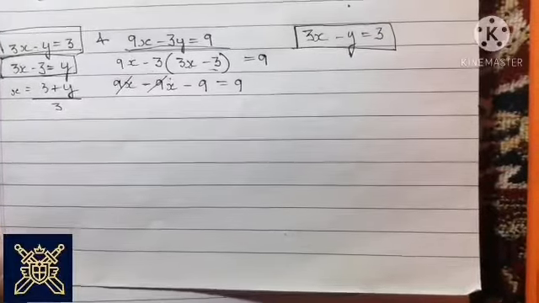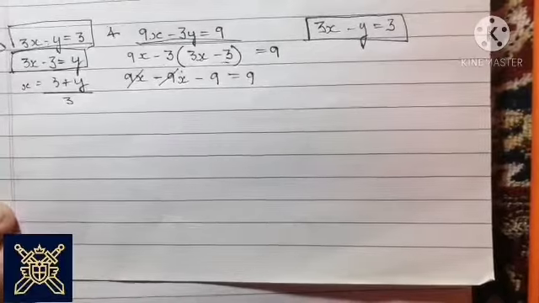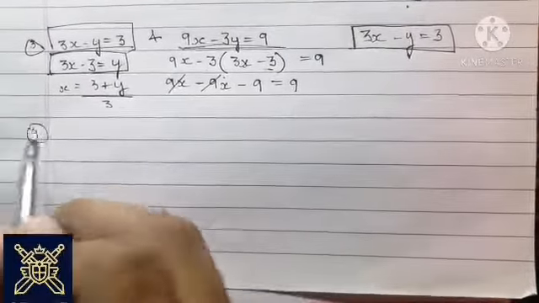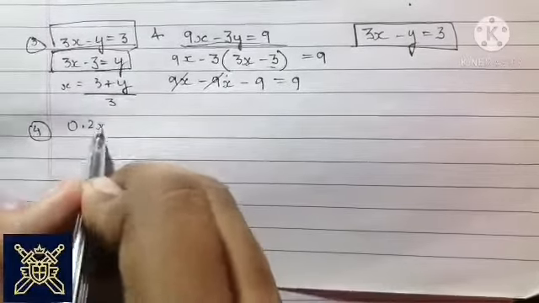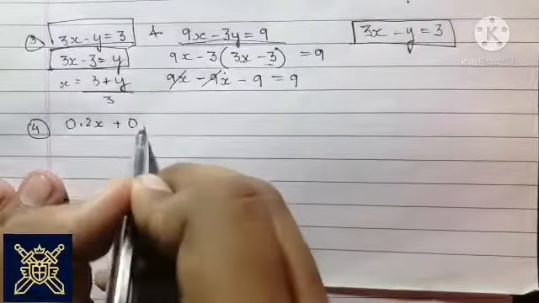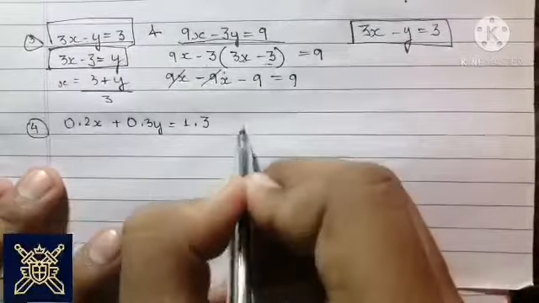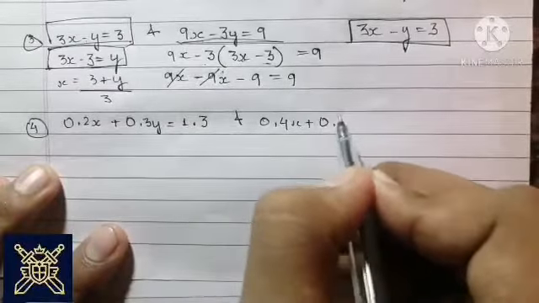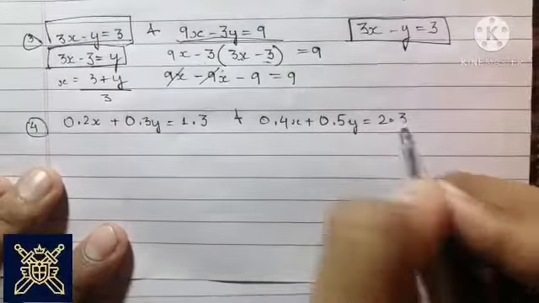So this was a tricky part, where you also have to see the structure of the given pair of equations. Let's move on to the fourth part. For the fourth part, you have 0.2x plus 0.3y is equal to 1.3 and 0.4x plus 0.5y equals 2.3.